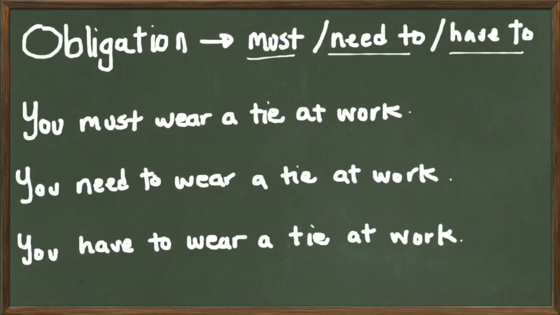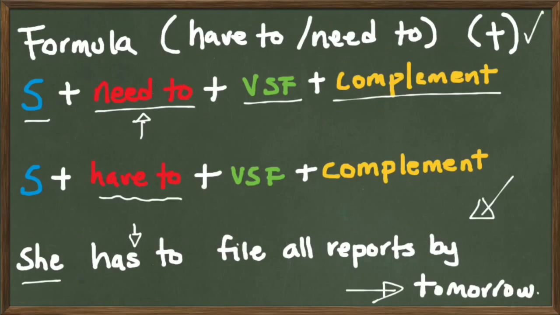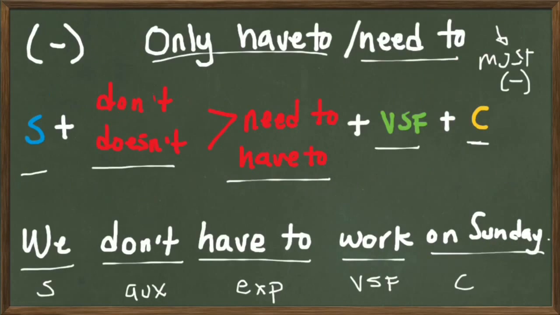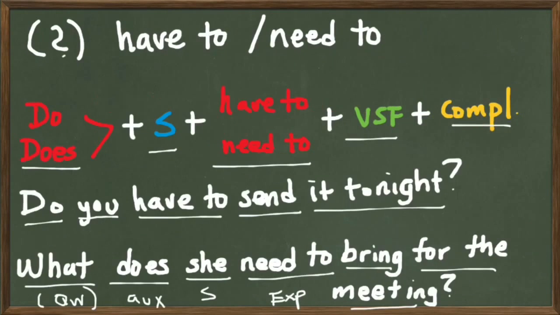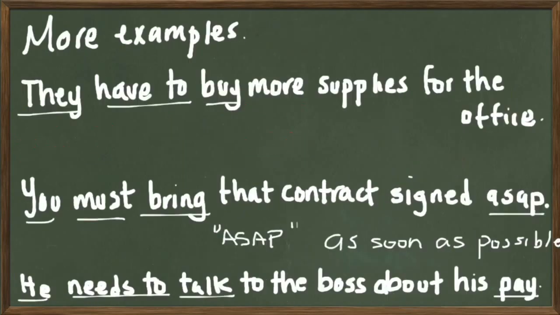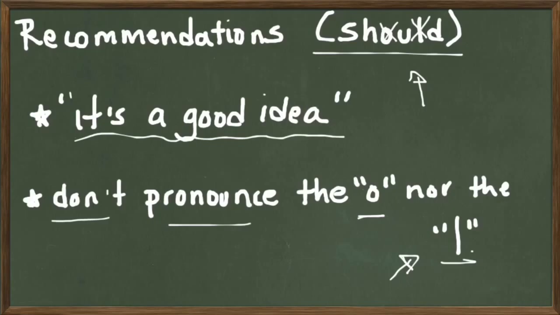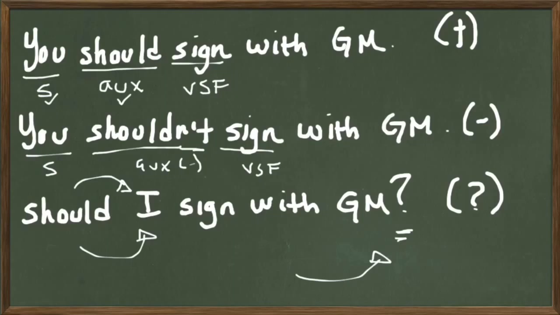Obligation: must, need to, and have to. Affirmative, negative, and questions as well. We saw some examples. Don't forget the pronunciation: don't say the L, and the result is should. Subject, auxiliary, verb in simple form. If it's a question, just make that inversion of elements.